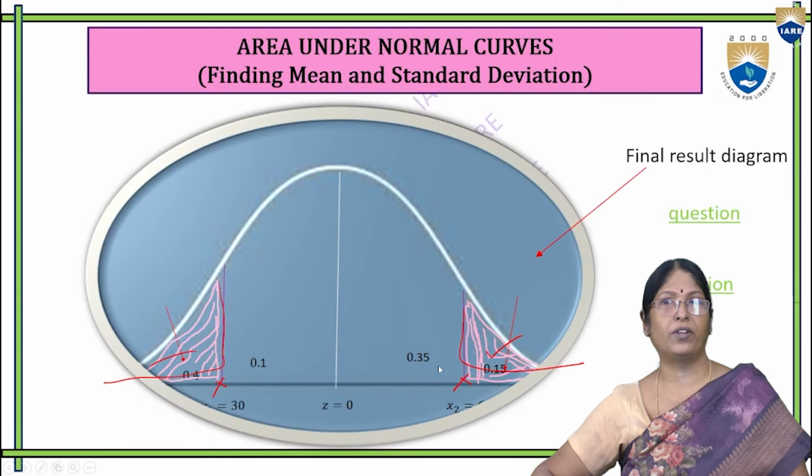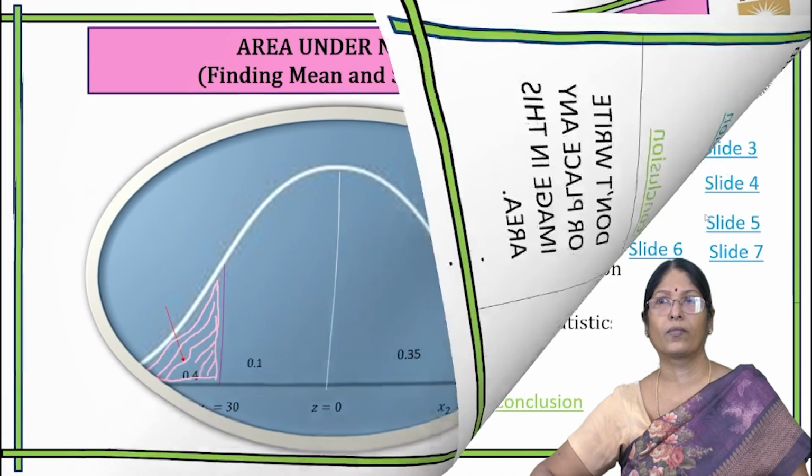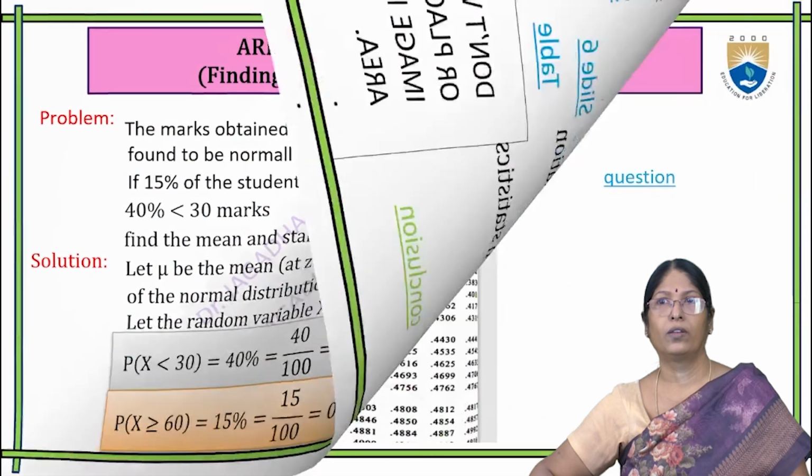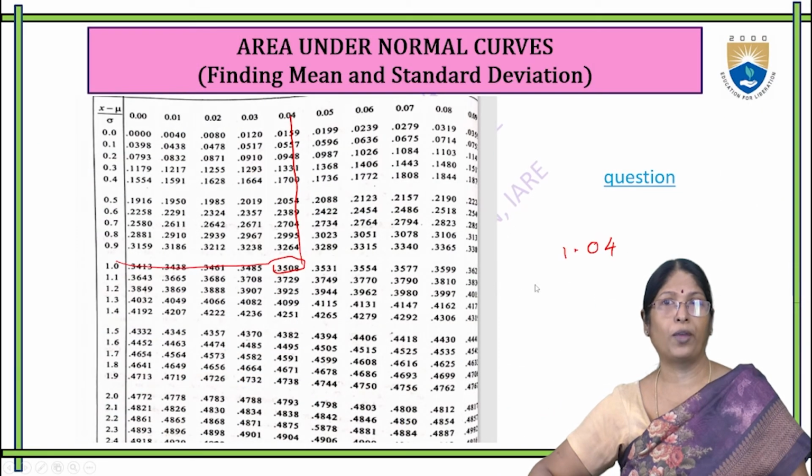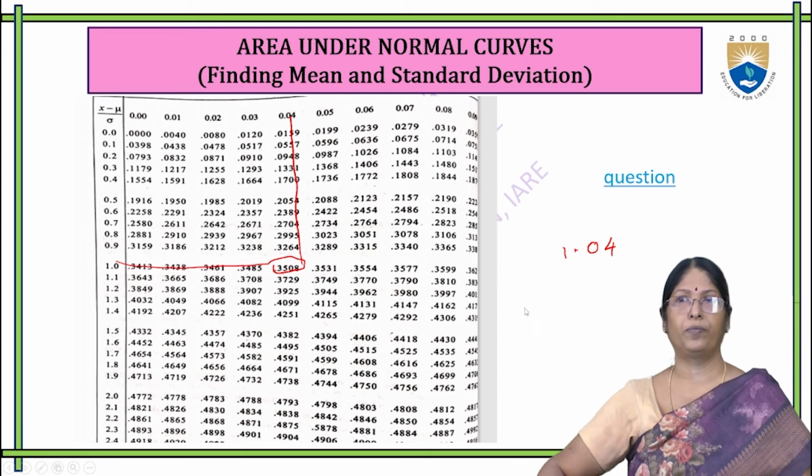Slide 7 is the complete diagram. The pink shaded area is what is given in the question data. So the 0.25 and 1.04 we obtained from here.